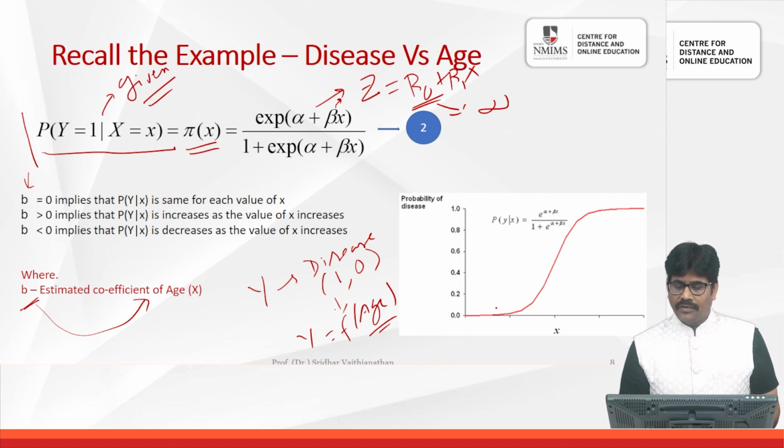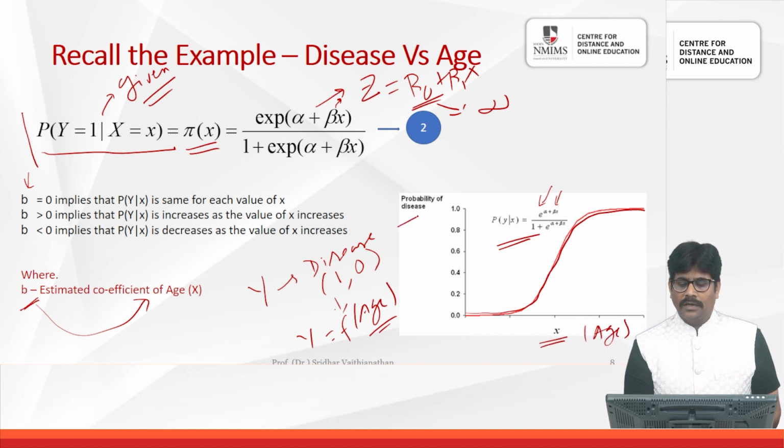At the end of it, this is the equation you will get. If you substitute the respective alpha and beta values, you will get the probability value. So for various values of x, which is your age, you get the probability of disease. At the end of it, logistic regression will nicely give you the probability value for every change in the independent variable.